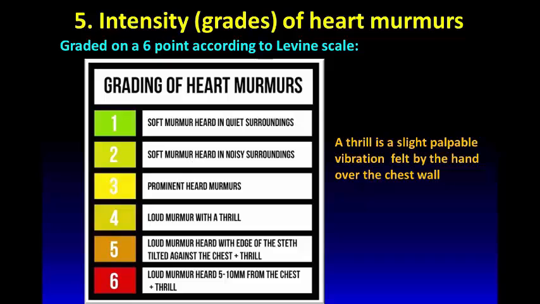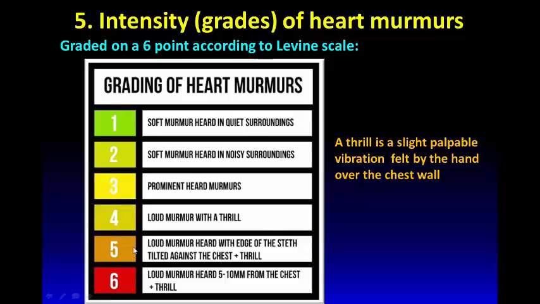Grade 3 murmurs are prominently heard murmurs. Grade 4 over 6 murmurs are loud murmurs which are associated with a thrill. A thrill is a slight palpable vibration which is felt by the hand over the chest wall.